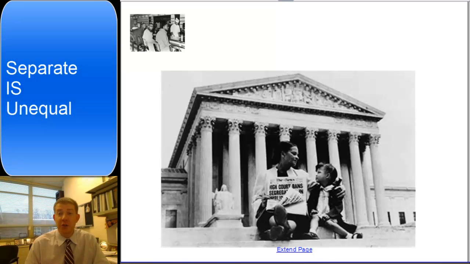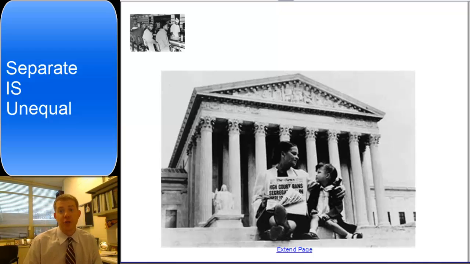And it opens the door for further challenges to other aspects of de jure segregation throughout the South, and in the North in some cases too, for there to be legal challenges making de jure segregation something of the past. How you then move on to begin to address and think about de facto segregation, that's another lesson and something that we'll look at later.